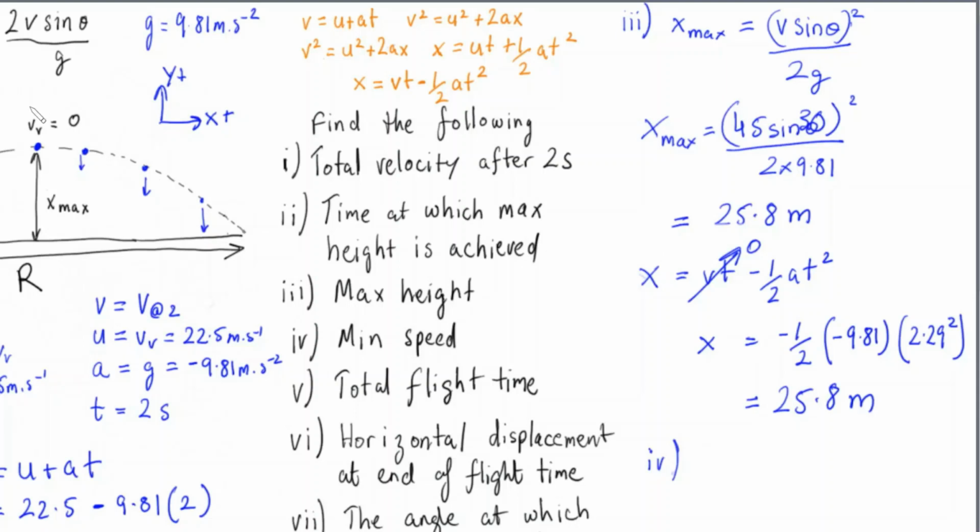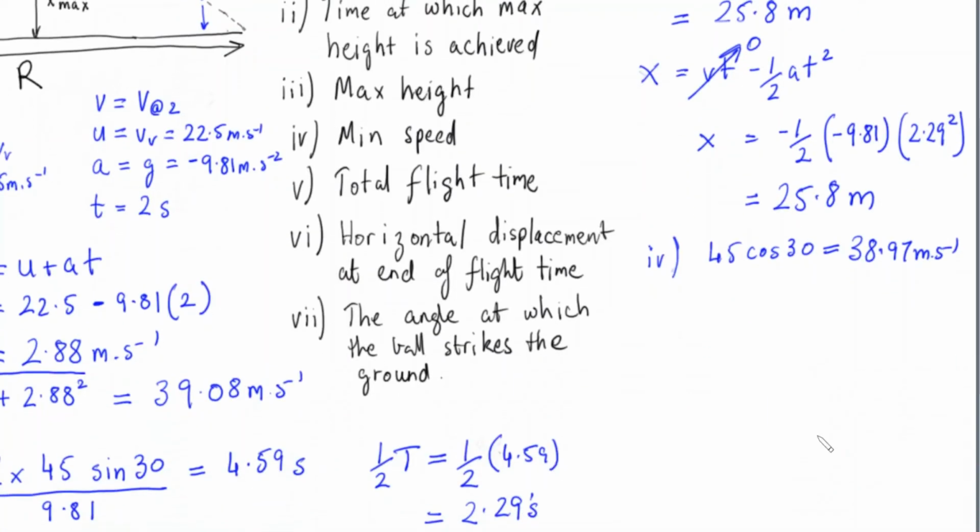So the only velocity we'll be experiencing is the horizontal velocity, and that'll be 45 cos 30, which I will write down here, which simplifies to 38.97 meters per second.